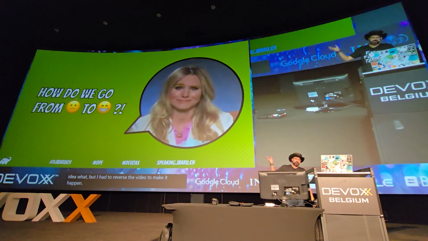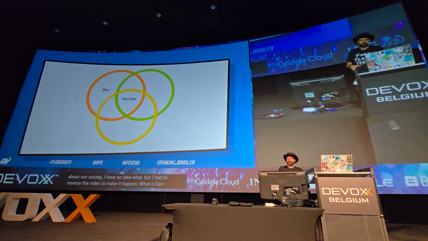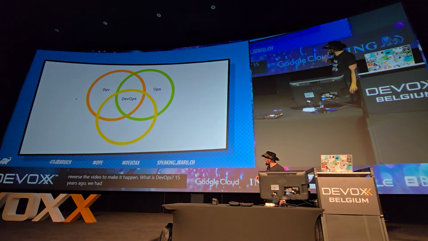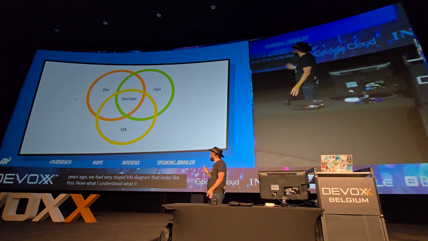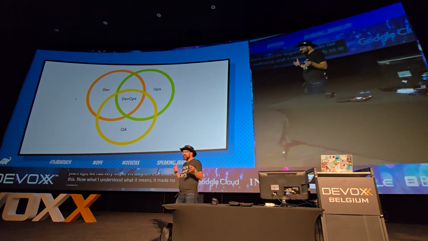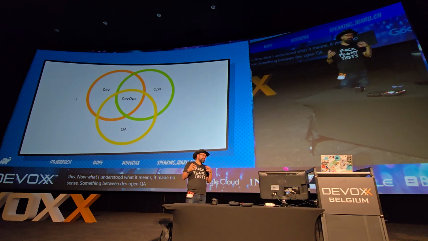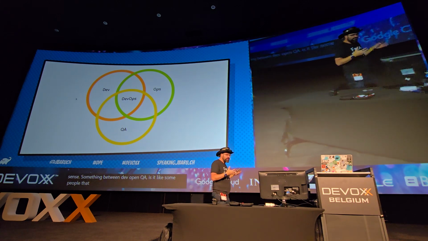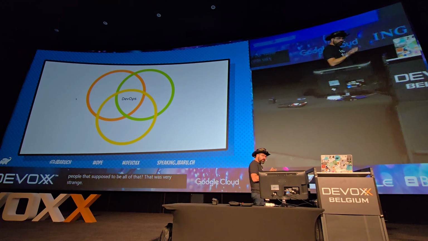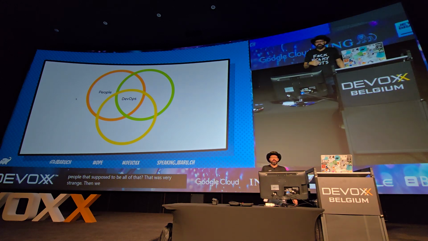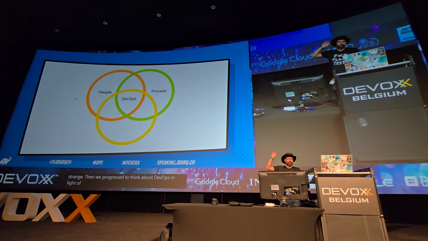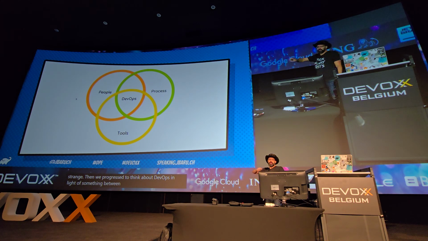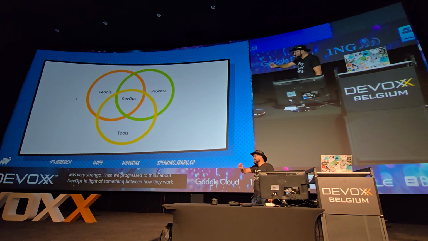What is DevOps? 15 years ago, we had a very stupid Venn diagram that looks like this. No one understood what it means. It made no sense. Something between DevOps and QA. Is it like some people that's supposed to be all of that? That was very strange. Then we progressed to think about DevOps in light of people, how they work, and what tools they use.